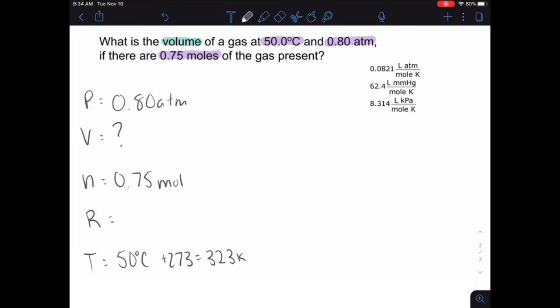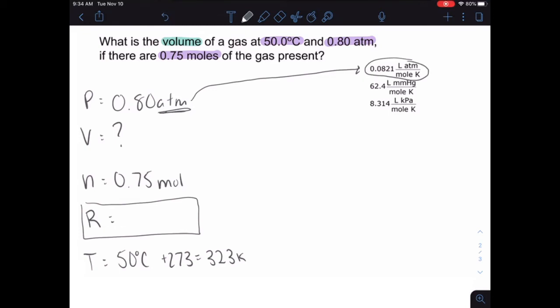So again, we need to figure out that R value. This time we're going to pick the one that matches atmospheres. So we're going to use this first one. So this time our R value is going to be 0.0821. Let's go ahead and plug those into the formula.